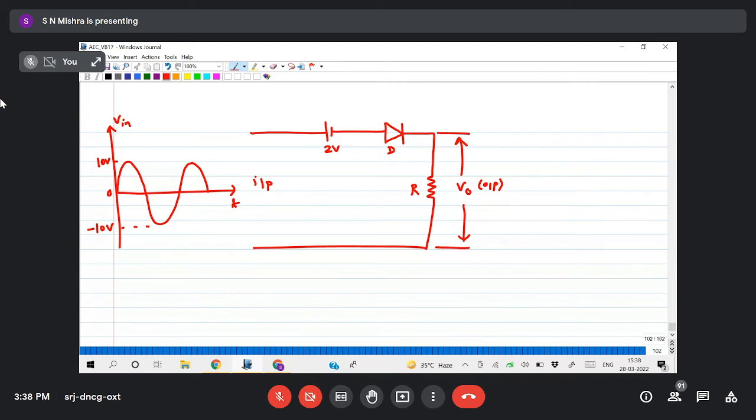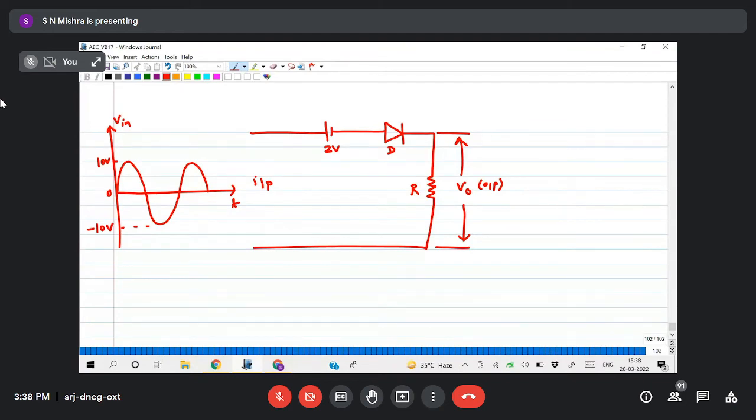Because the current moves from positive potential to lower, that is why. Greater than 2 means it will flow in the positive direction. The answer is correct, but the logic is not valid for all.